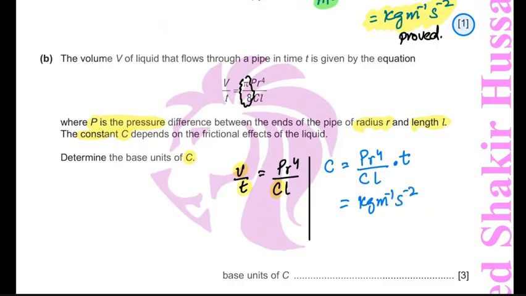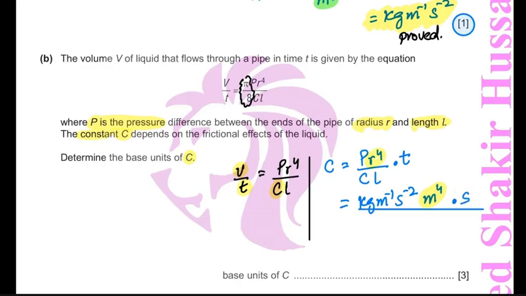What was R? R was the radius. Radius is length, and that's measured in meters. So you will write m power 4. And then what is t? t is time. Time is measured in seconds, right?